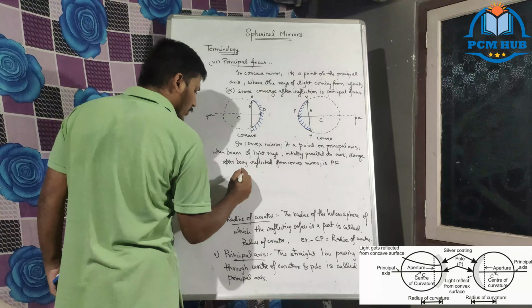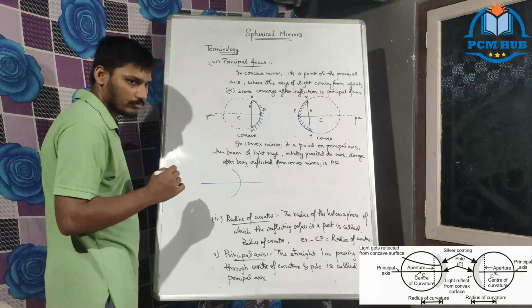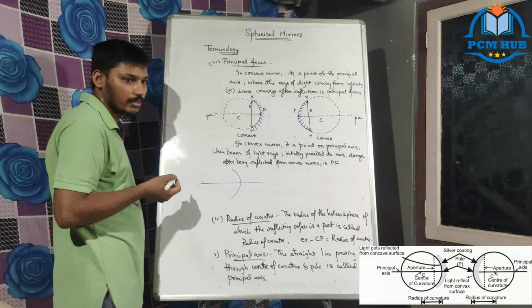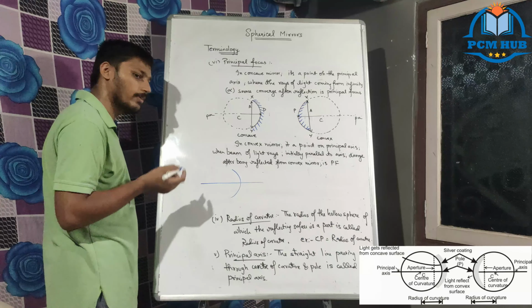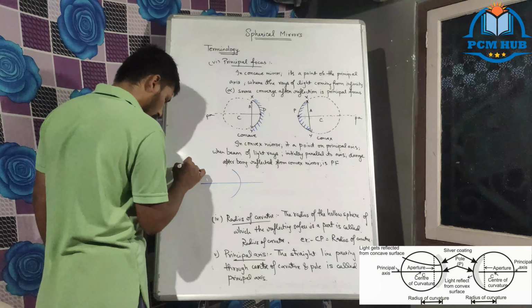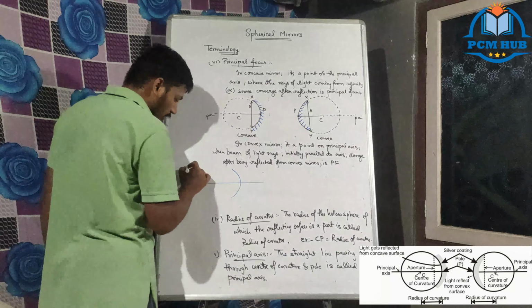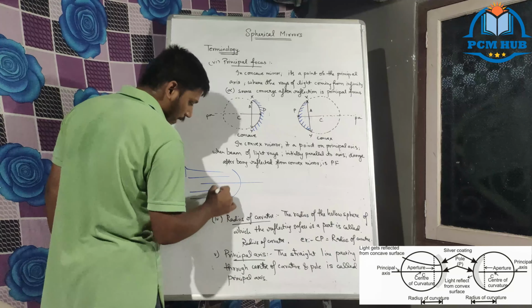We will see that also when we study the different images observed in different cases for the convex mirror and concave mirror. But for the time's sake, understand that if this is the infinity source, the light lines are all going parallel.